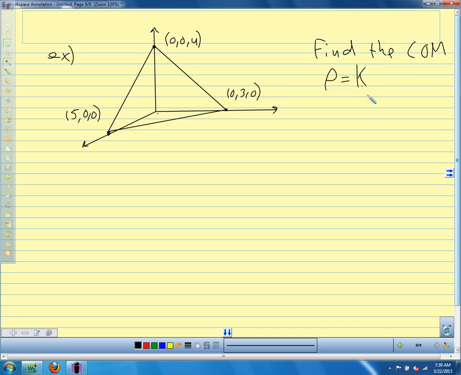So what are we going to have to do here to find our center of mass? All we have are points. What do we need to find our center of mass? We need triple integrals. For triple integrals, we need limits of integration that are functions.